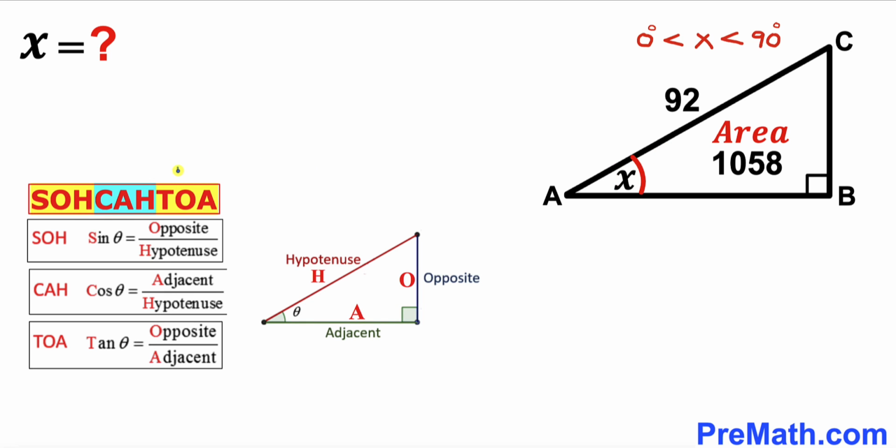Now let's recall SOHCAHTOA, and we are interested in cosine of theta equals adjacent divided by hypotenuse. In our case, for this triangle ABC, AC is our hypotenuse, whereas side AB is our adjacent, and our angle is X. So cosine of X is going to be AB divided by our hypotenuse length, 92.